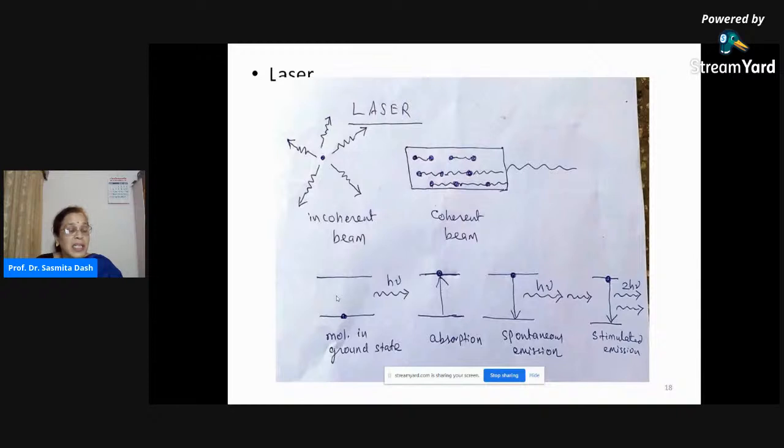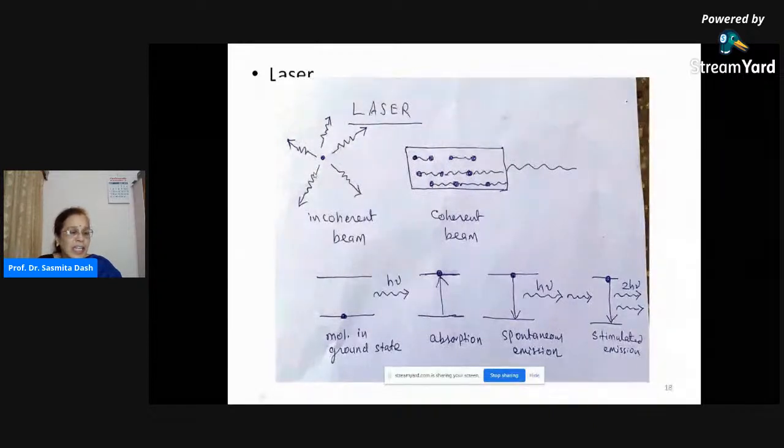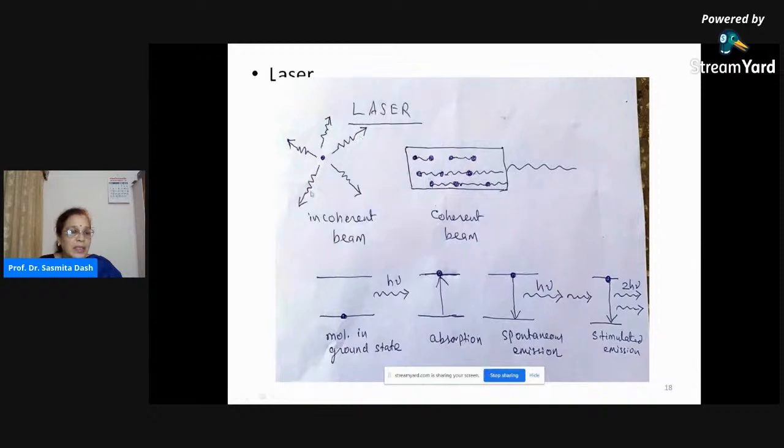The spontaneous emission is a random process obeying the unimolecular rate law, and the emitted radiation is incoherent. The divergence of radiation in all directions causes loss of light intensity on propagation. So the incoherent beam cannot be very intense in any direction because it loses its intensity.